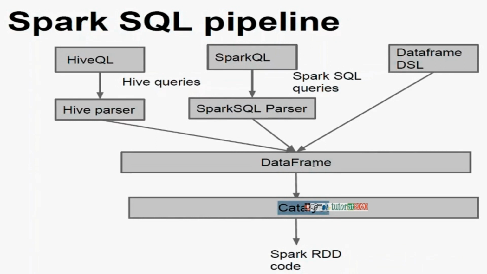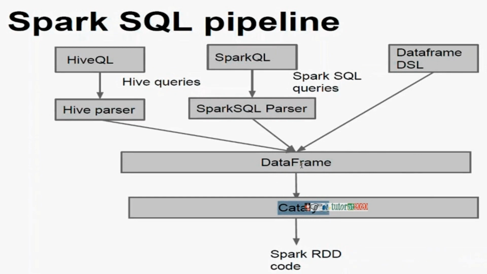Now irrespective of which language or what kind of queries you form, the Catalyst API is going to process the data frame. So what is in a data frame? A data frame is simply a collection of tree structures, basically to represent the relational operators that you are operating on the data.